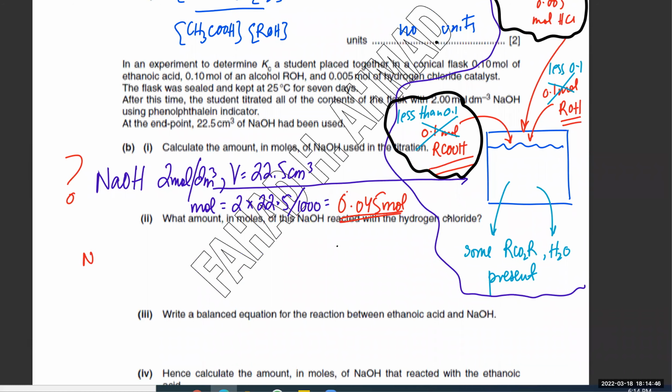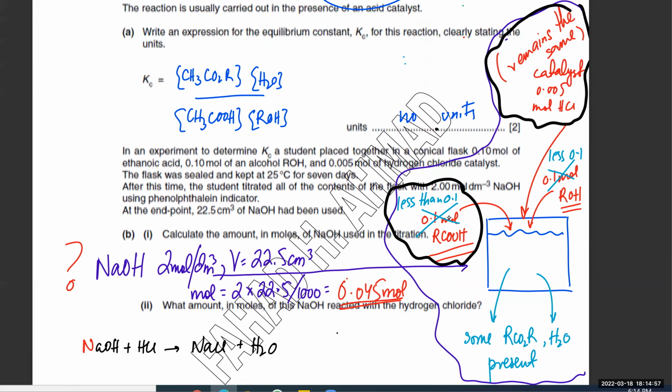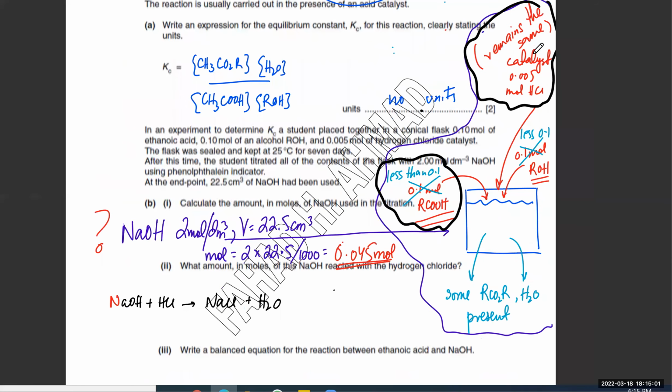ठीक है, तो NaOH और HCl किस रेशो में रिएक्ट करते हैं? They react in 1:1, right? अच्छा, और शुरू में मैंने पूछा भी था कि does the amount of HCl change? It does not change. HCl, how much HCl did you add? 0.005 moles, right?